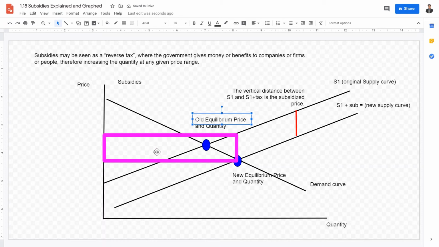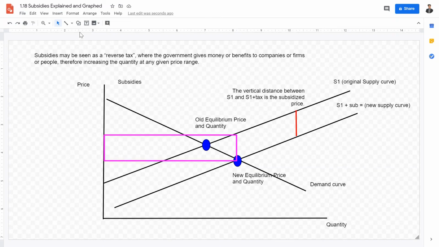The pink box right here is the total cost of the subsidy. Why is that? We come from the new equilibrium and connect a vertical line using the subsidized price all the way to the old supply curve. Then we connect the old supply curve all the way back to the price, and we also connect the new equilibrium price back to the price axis, giving us this box. So what does this box mean?